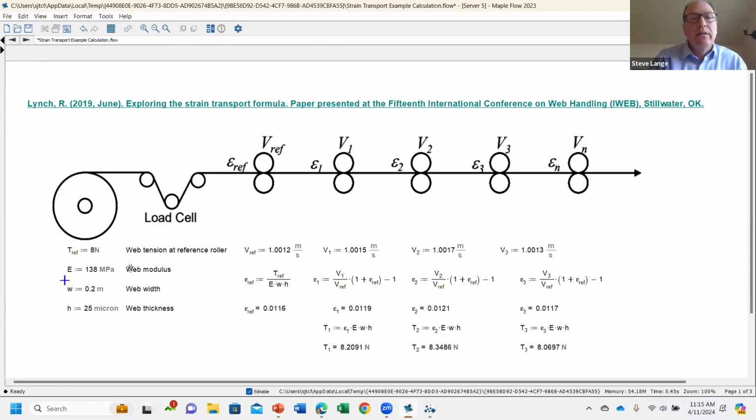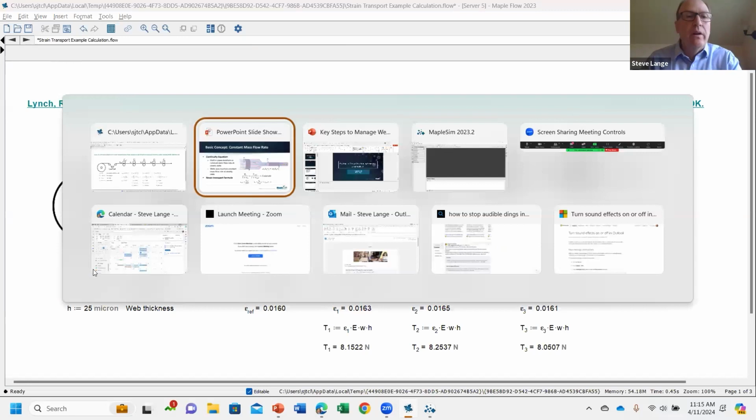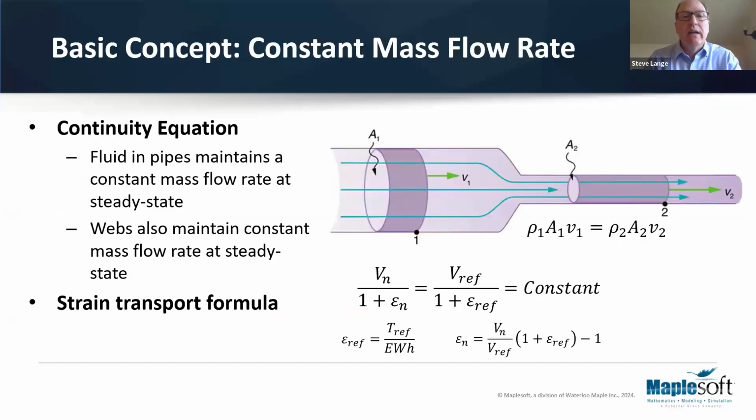It will recalculate through the whole sheet and give us the change in tension and strain. Or similarly, modulus. If we have a lower modulus web, how will that affect these tensions and strains? So it's a useful formula for understanding at least steady state.